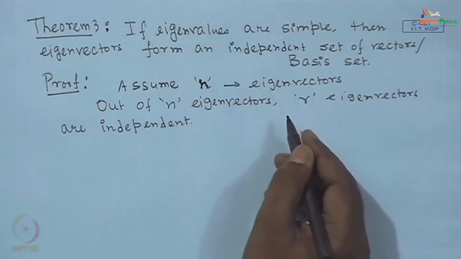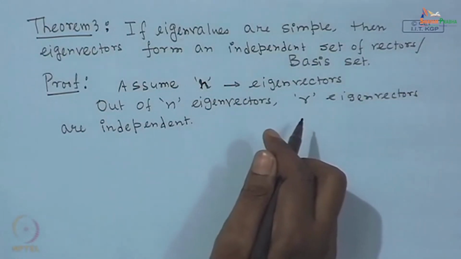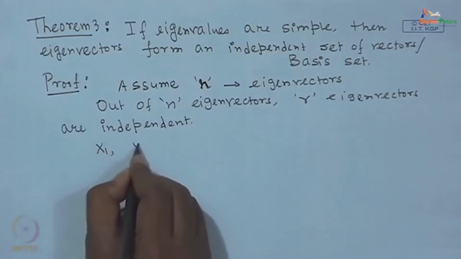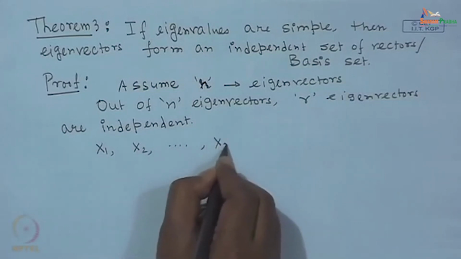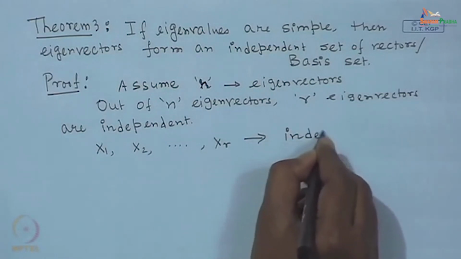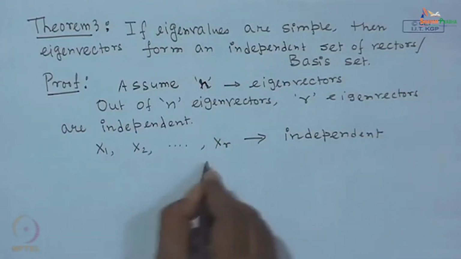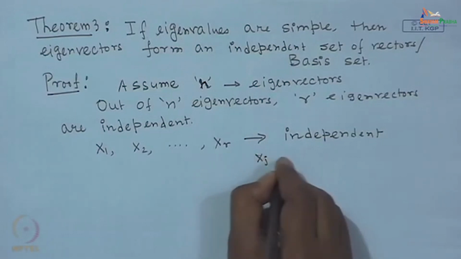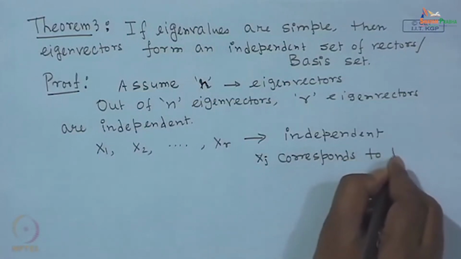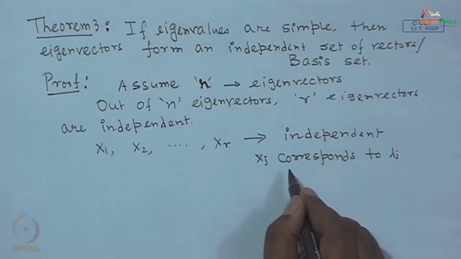That means the rest of the eigenvectors, the n minus r of them, are dependent vectors. So, we write x 1, x 2 up to x r; these r eigenvectors are independent. In this notation, x j corresponds to lambda j. That means for the eigenvalue lambda j, the corresponding eigenvector is x j.